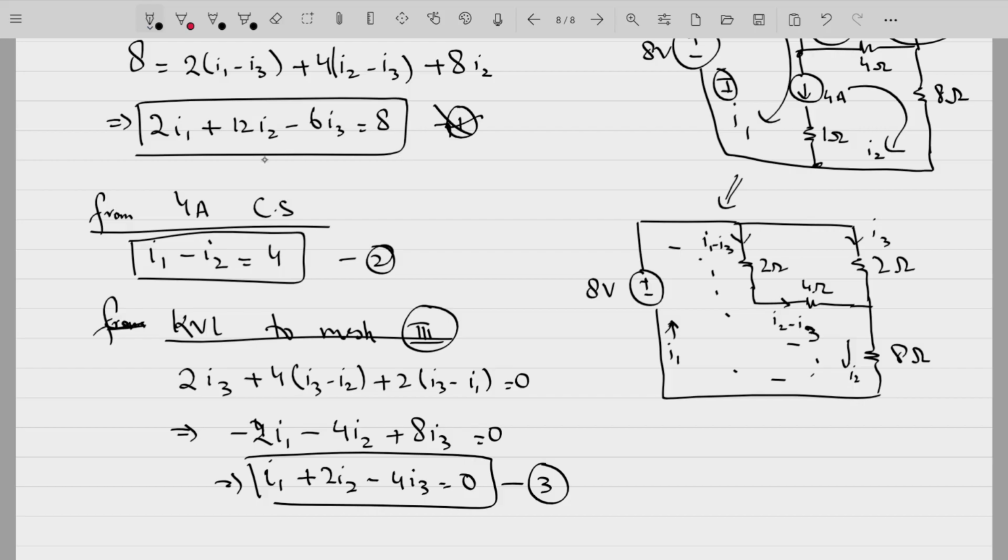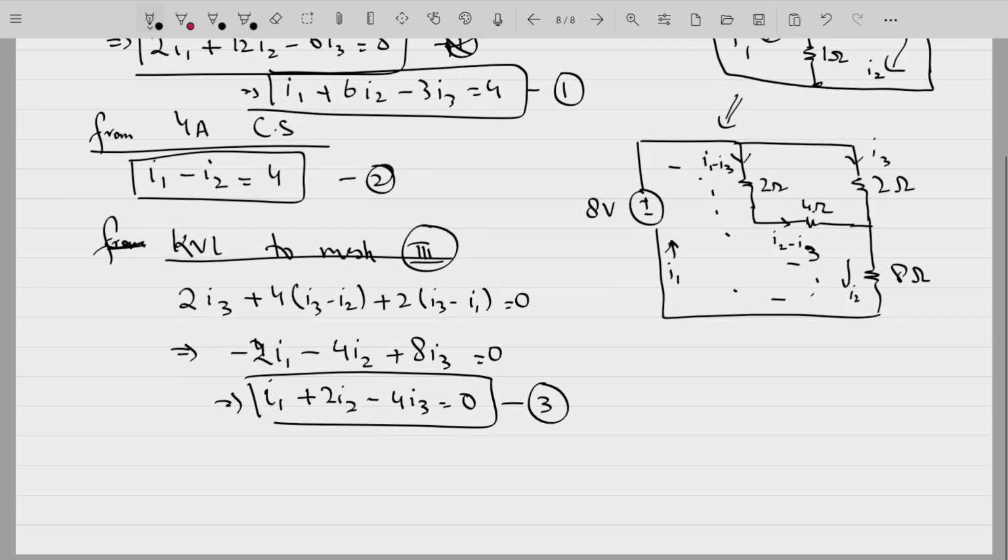So equation number 1 can also be reduced: I1 plus 6I2 minus 3I3 is equal to 4, by taking 2 common here. So we have 3 equations, 3 variables.